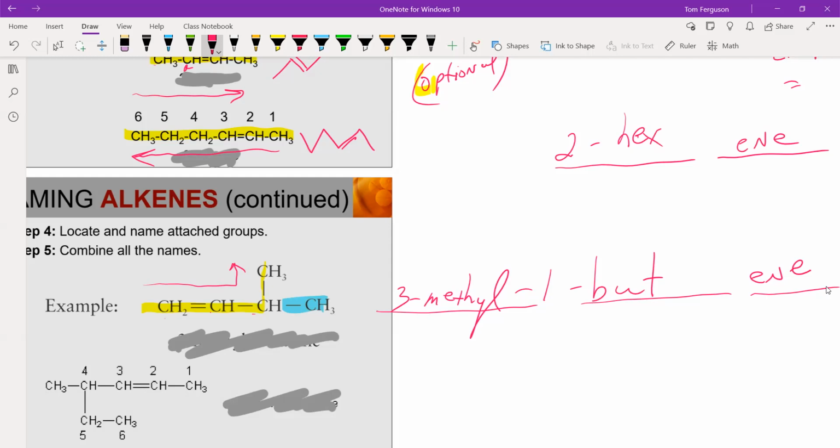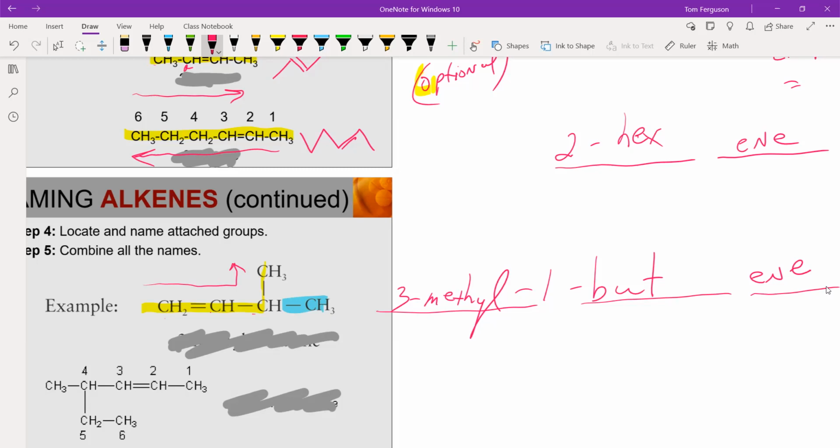Now, the backbone with the functional group determines numbering. As soon as we determine that, the numbering of the carbons is permanent. And when we add the name for a methyl group there, we have to stick to the original numbering with the functional group. It's not 2-methyl.